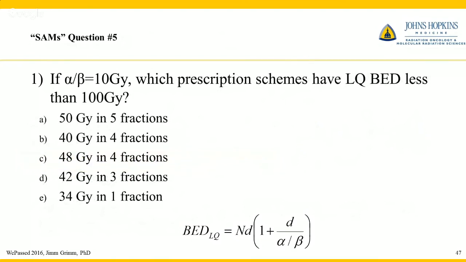Again, using the linear quadratic model, we wait for Christina to get the question set up. Vote on the poll. All right, the poll is live. If alpha beta equals 10 gray, which prescription schemes have LQ BED less than 100 gray? We just found one that did have 100 gray, so if you remember that, it ought to help you with this second question.